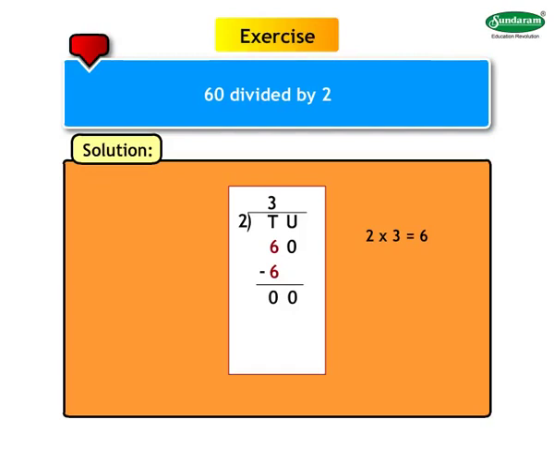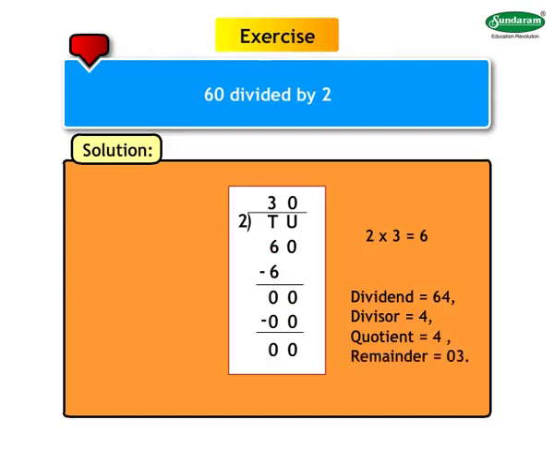As 2 zeros are 0, we will write 0 in the units place of the quotient and 0 below 0. Subtract 0 minus 0, which is equal to 0. Hence, we get the quotient as 30 and the remainder is 0. Thus, the dividend is 60, divisor is 2, quotient is 30 and the remainder is 0.